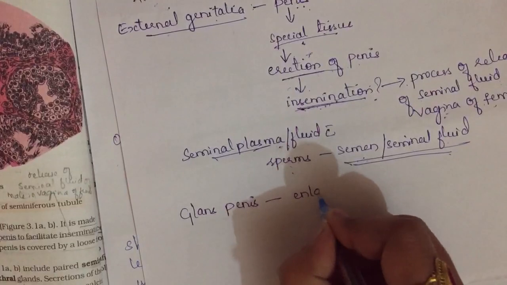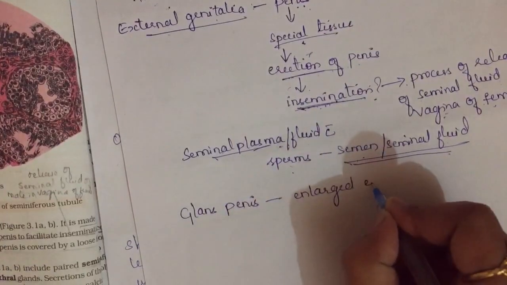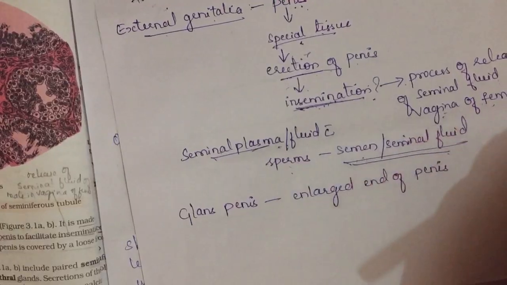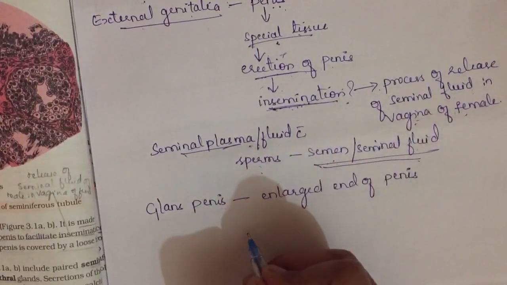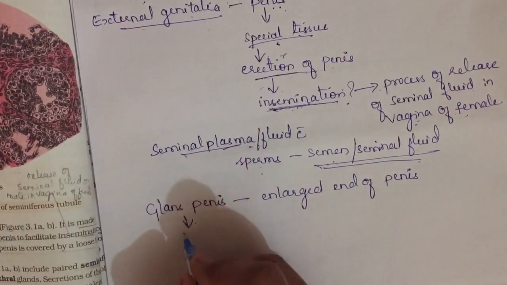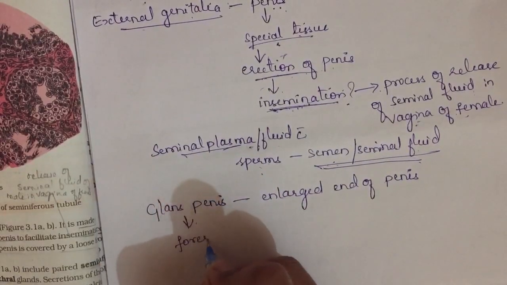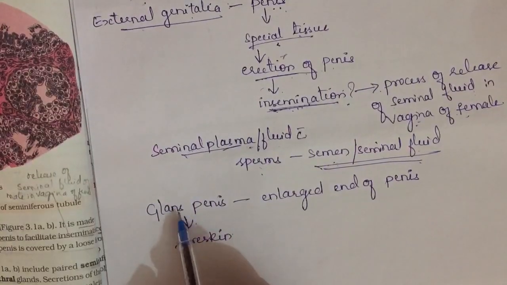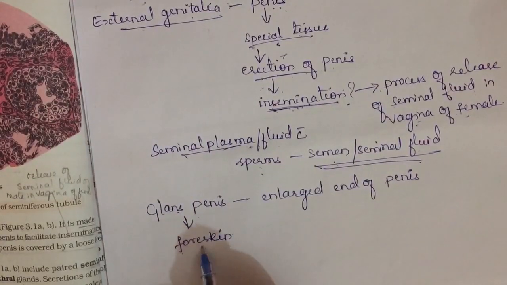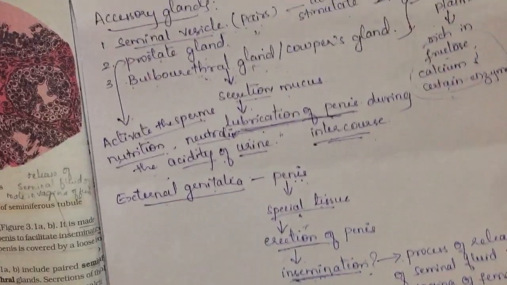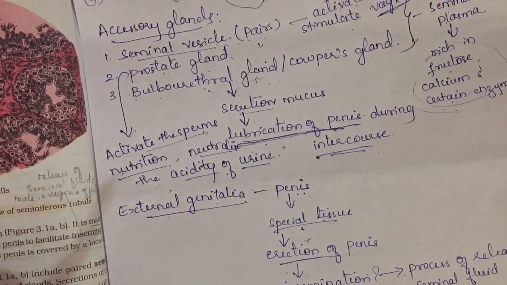This glans penis is covered by a loose fold of skin called foreskin. If you see this in your diagram, you can find something like this.